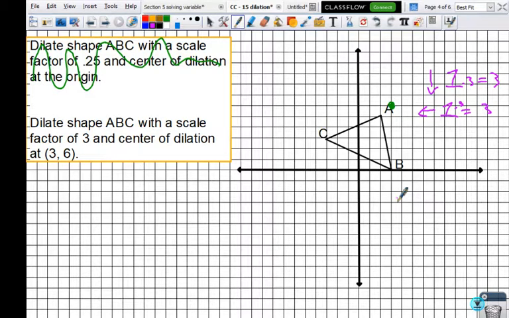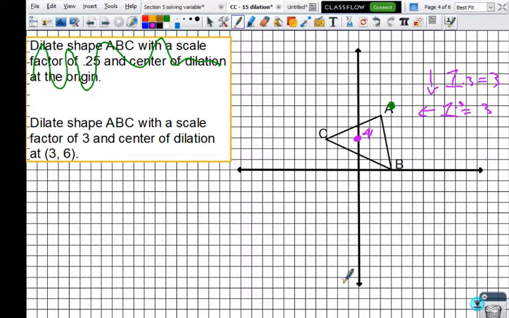This one started with left, it's gotta stay with left. So it doesn't matter if you go down first and then left, or left first and then down, as long as you match the same numbers. I'll show you on B. So instead of going down 1, I'm gonna go down 1, 2, 3, and then left 1, 2, 3. Hey, that's pretty good.